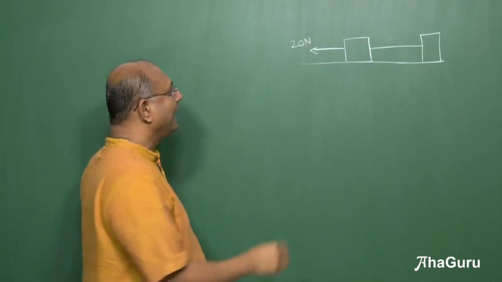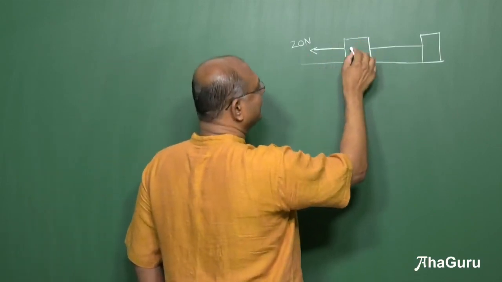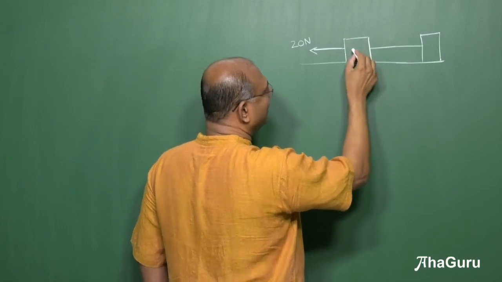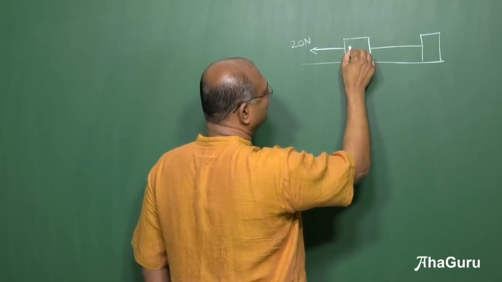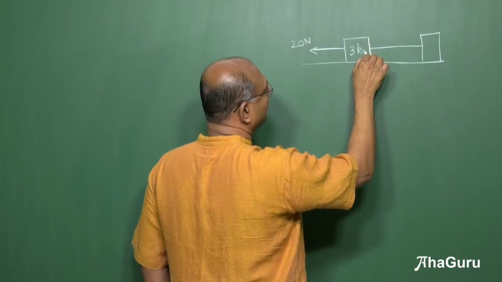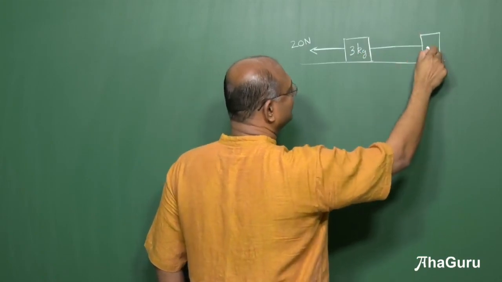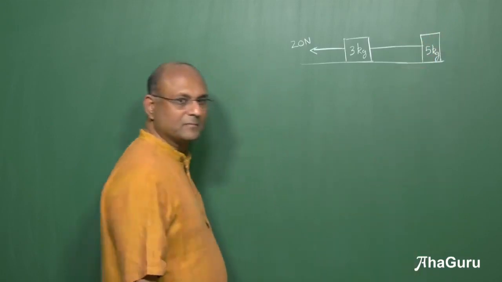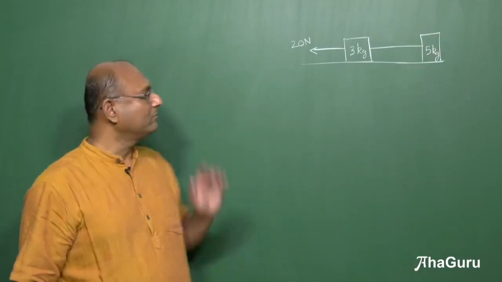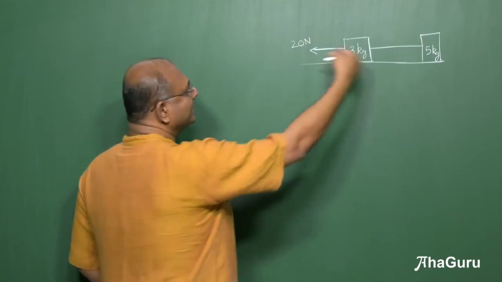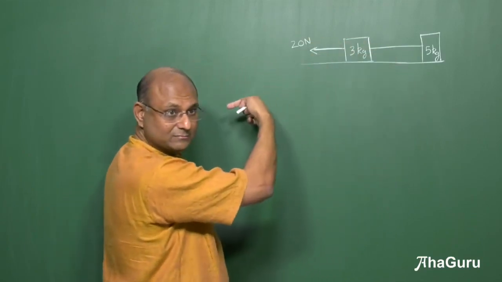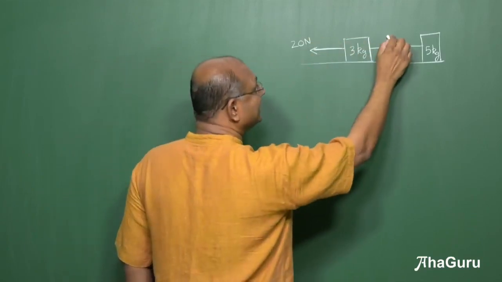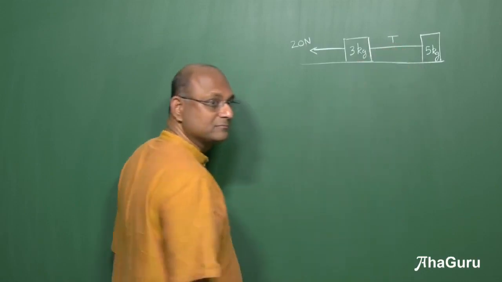Let us also say that this particular block has a mass of 3 kg and that block has a mass of 5 kg. And there's no friction to worry about right now. Now you know that it's going to accelerate like this. But what I want is, what is the tension in this rope?